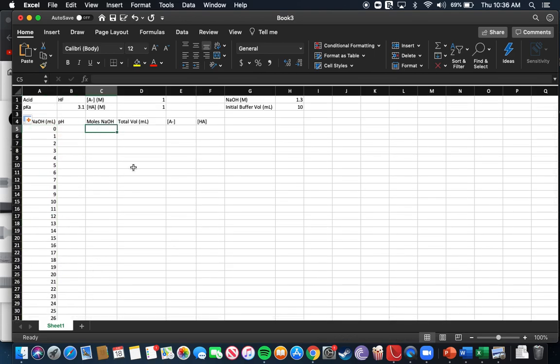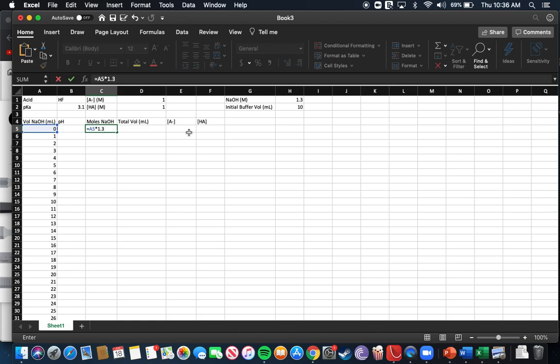Then the next thing you want to do is, just like before, calculate the number of moles of NaOH. So you have your volume. Always remember to do equals. You have your initial volume, and then that is going to be multiplied by the molarity, so that's 1.3.